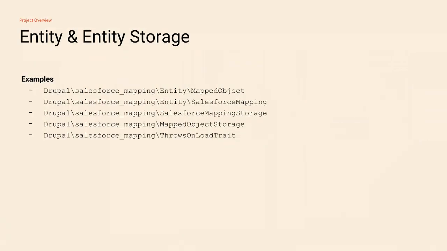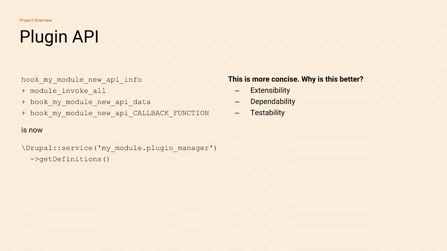the Entity API. Next up, we have the plugin API, which is this huge idea, and the plugin API is like an API for defining plugins. So it's like an API for defining APIs, which doesn't really make sense until you look at a concrete example.